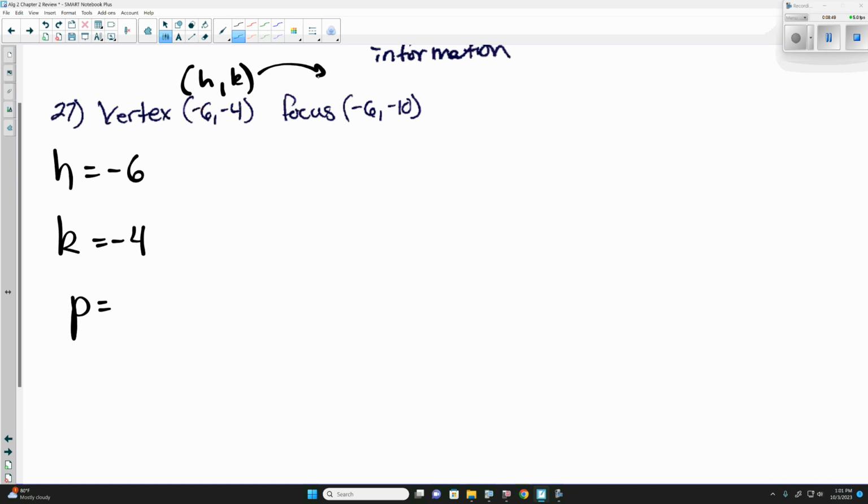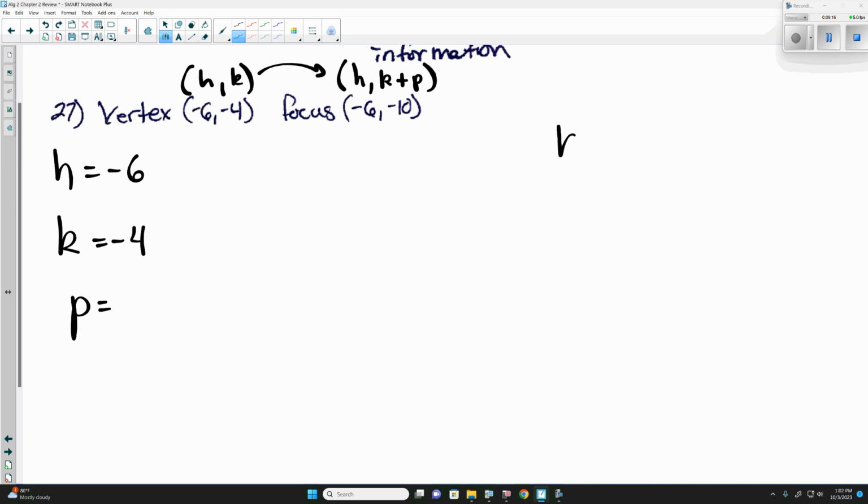The y one, which is our k, because h is -6 for the vertex. It's still -6 for the focus, but our k has changed. We've added the p value to it. Even though it became a bigger negative, we added a value to it. Most likely that means the value is negative.